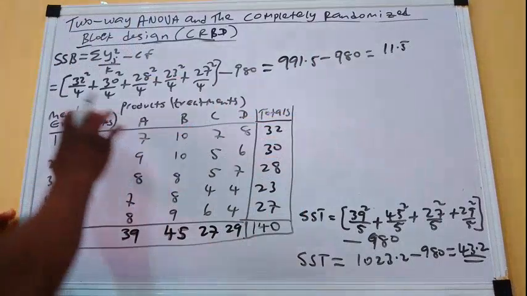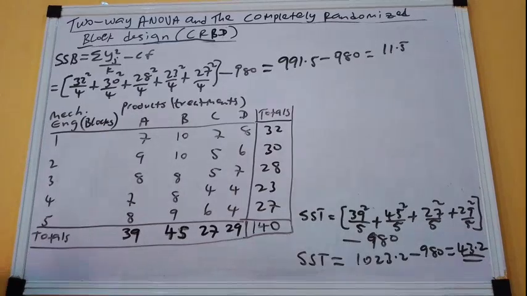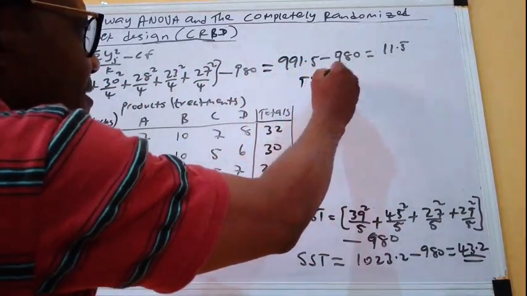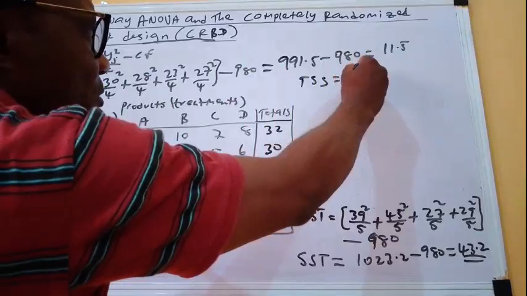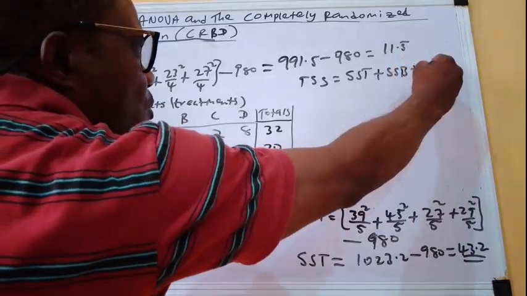So our sum of square for blocks is 11.5. Now remember, our total sum of square TSS is the same thing as the sum of square for treatment plus the sum of square for block plus the sum of square for error.